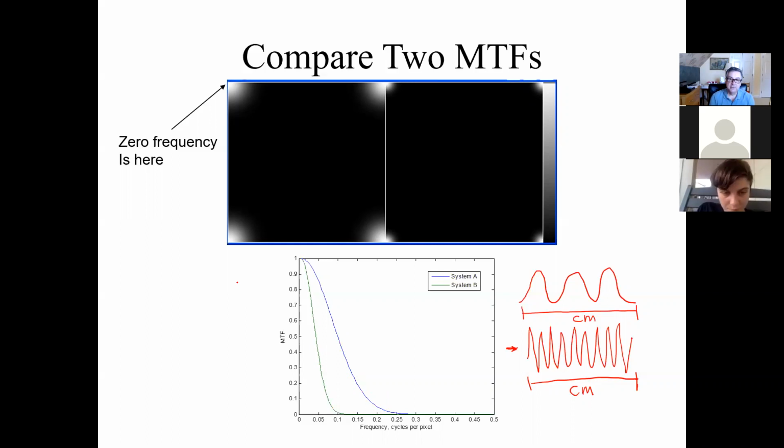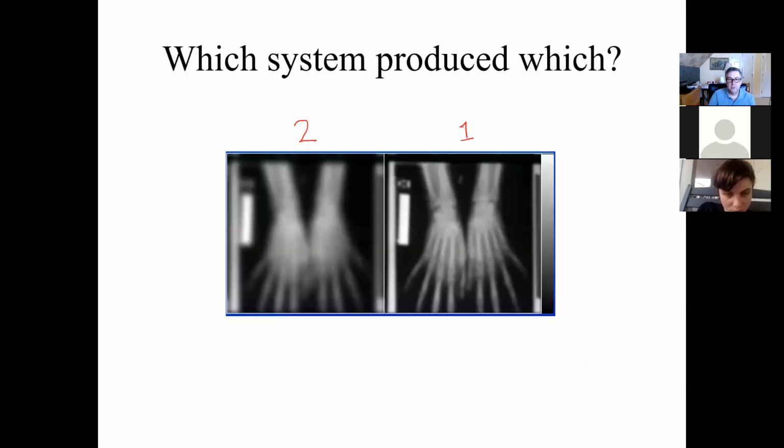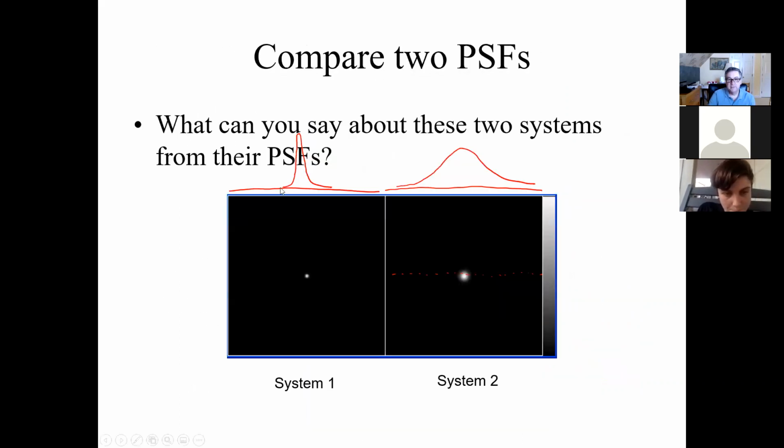And if you think back to, how does that work in response to this? Well, those MTFs are the Fourier transforms of these guys, right? And so system 1 was very narrow, system 2 was very wide.